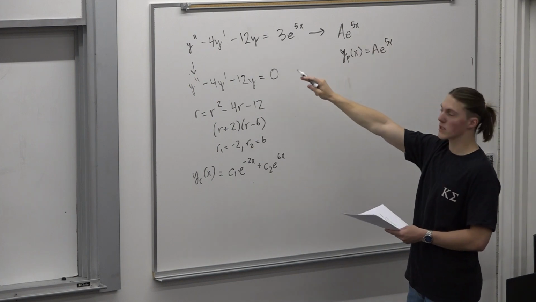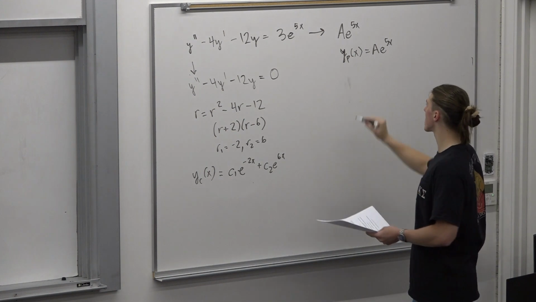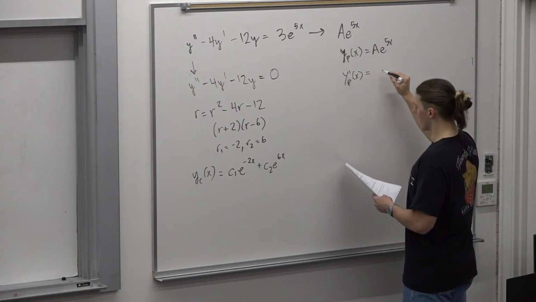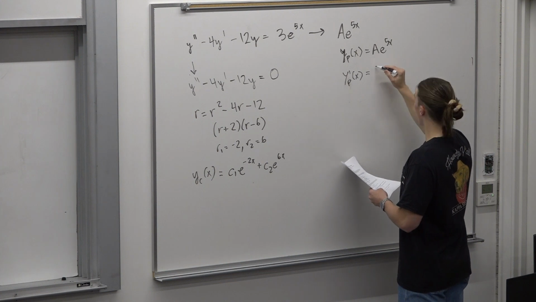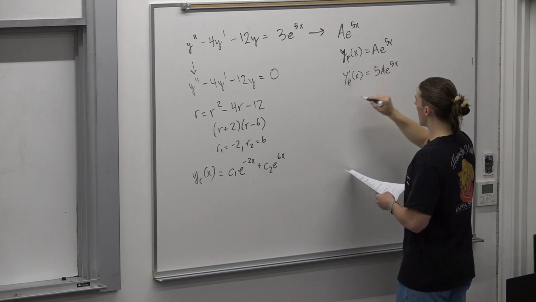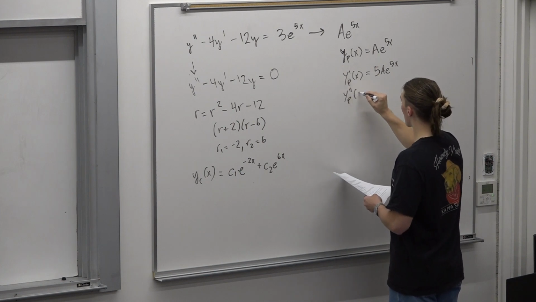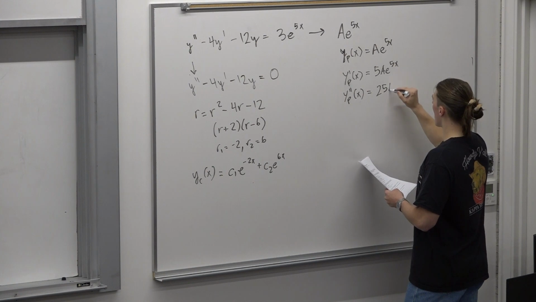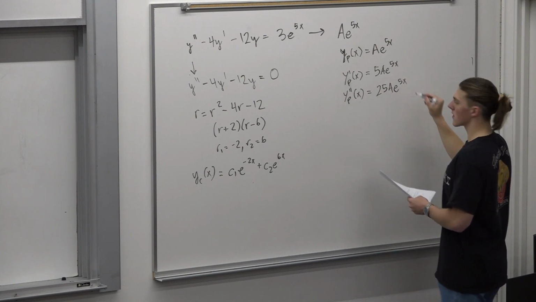To plug it in, we need the first and second derivatives. yp prime of x is 5a e to the 5x, and yp double prime of x is 25a e to the 5x.